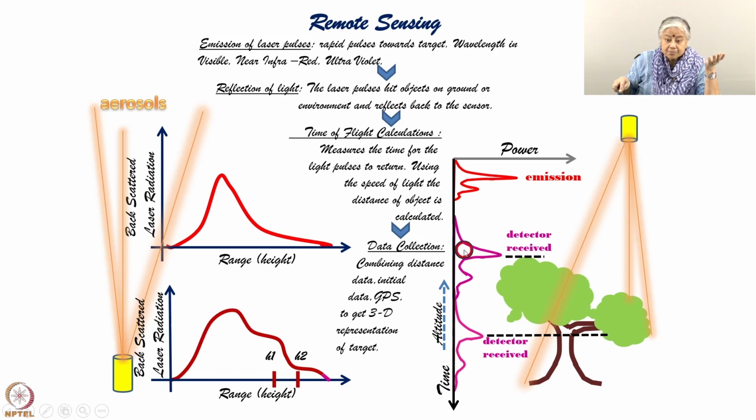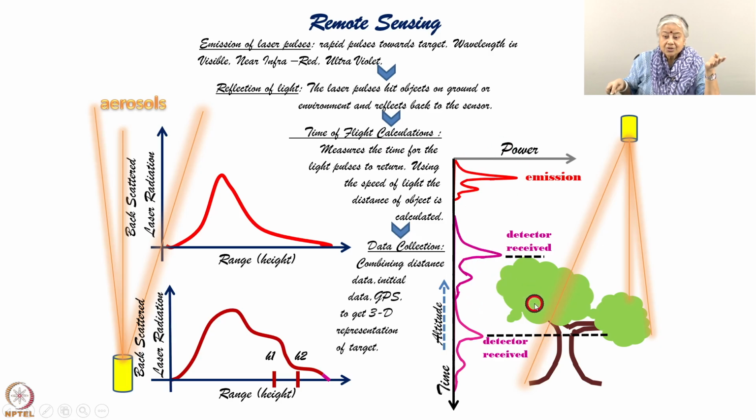Then this part gives you this part of the tree. This portion of the tree has reflected back something, and that gives you another pulse. And the pulse, if you see, has widened compared to this, and it has reduced in power or intensity here, which is understandable.